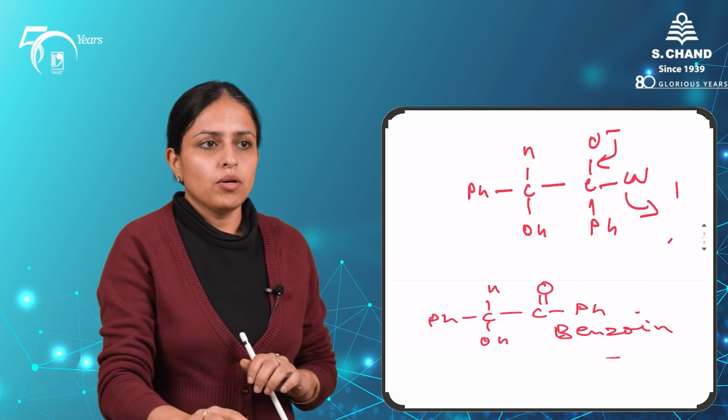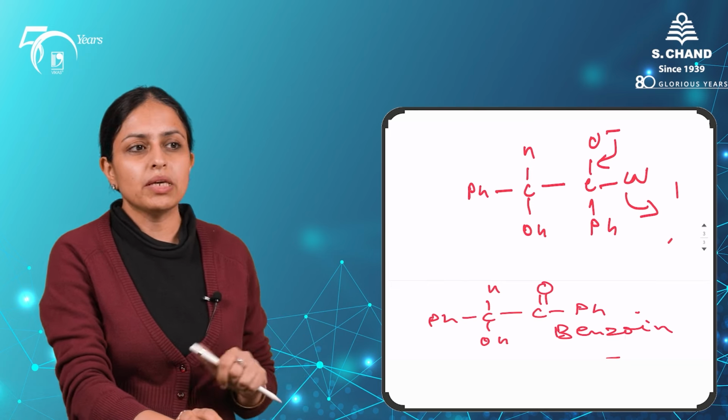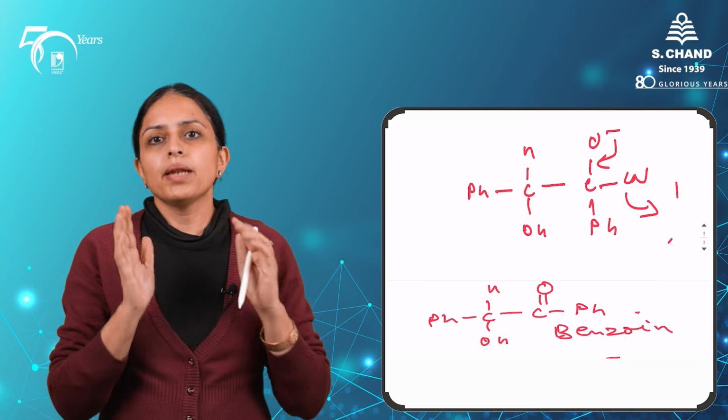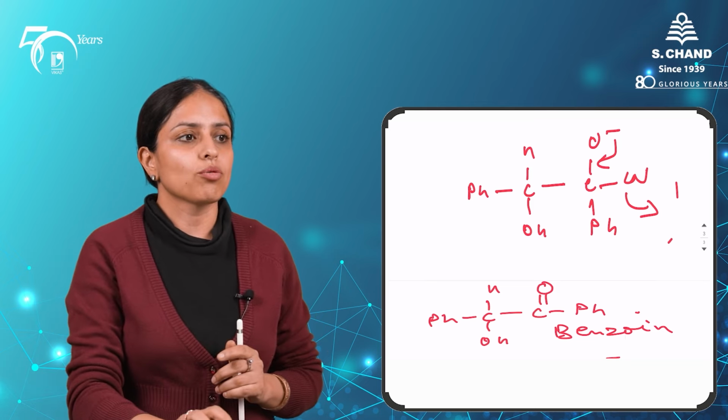So this is the product of this reaction. As you can see on the screen over here also, cyanide being a good nucleophile can stabilize the intermediate ion and is an excellent leaving group.